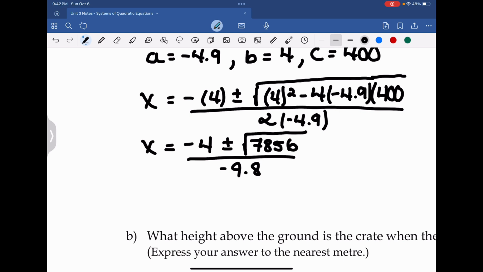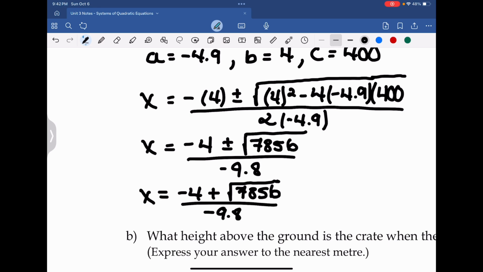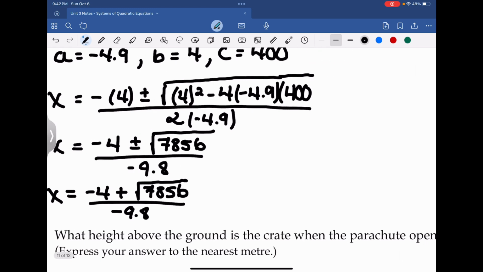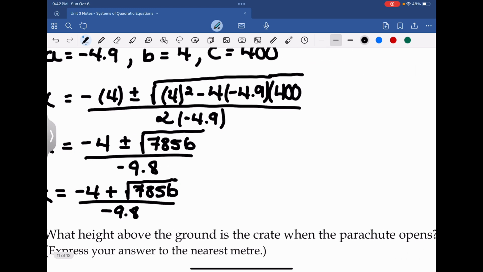There we go. Now we're going to have two situations. One is the positive case, the other one is the negative. So let's make sure we write both of these out. X is equal to negative 4, positive case first, the square root of 7,856, all over the negative 9.8. In terms of our other X value, we're going to use the negative case.